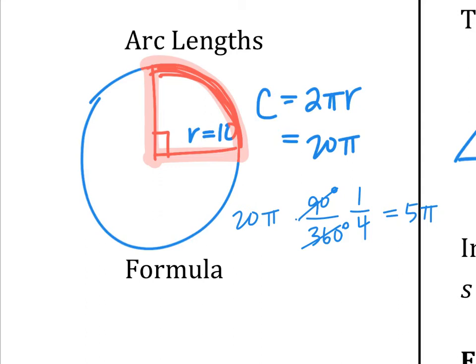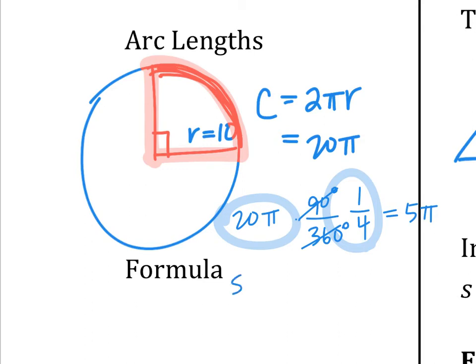By logic, this whole thing is 360. This whole thing is 2 pi r. If you want that part, it's just that part over 360. You guys follow the logic? So basically, it's the whole circumference multiplied by how many you want over the total. Let's think about it in a different way.